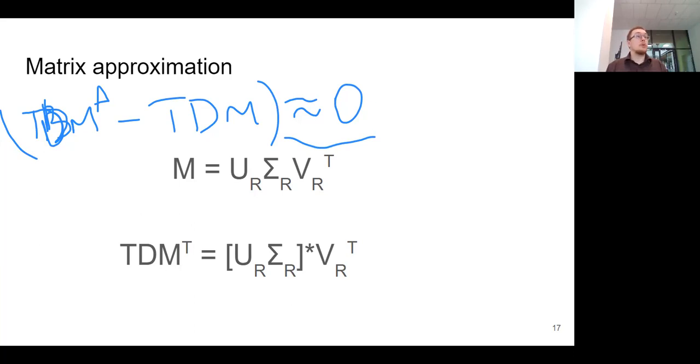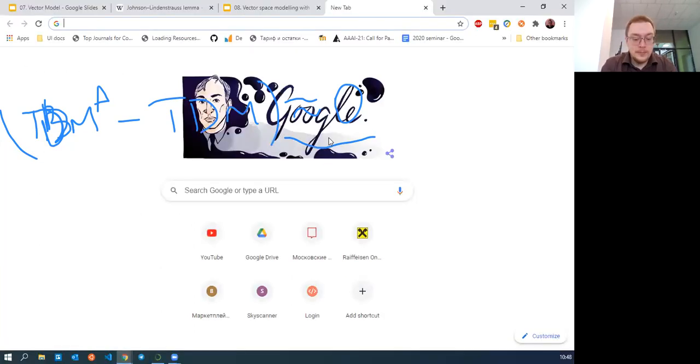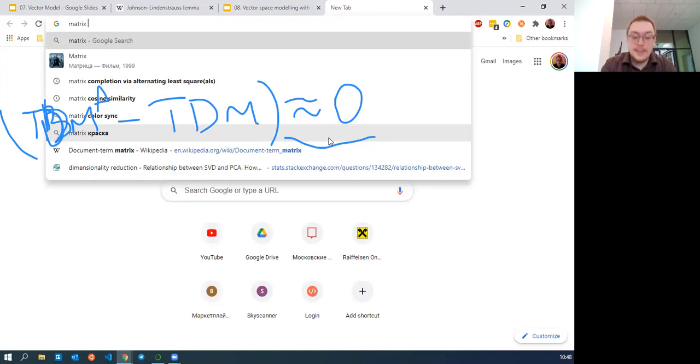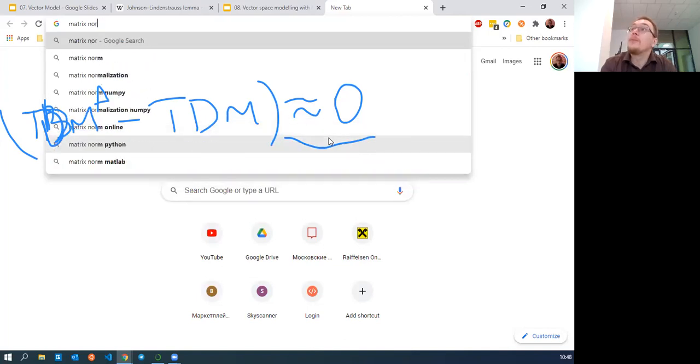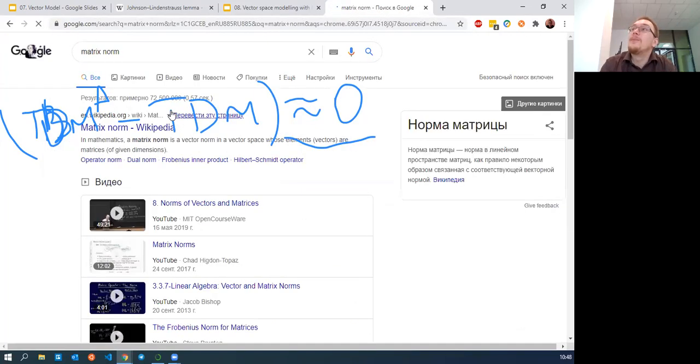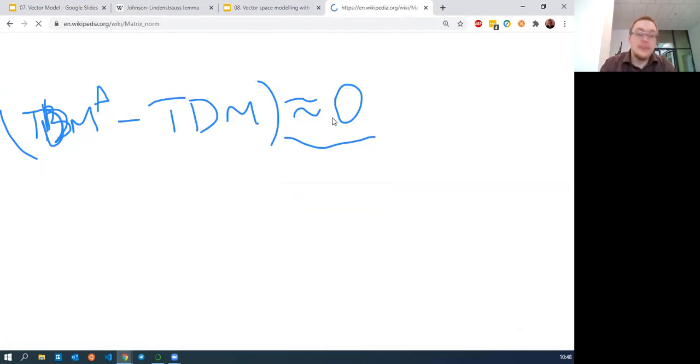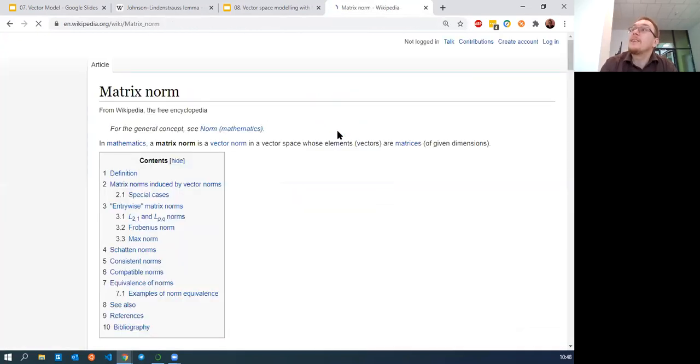Determinant is not a norm because it can be negative. But you're close. Guys. Matrix norm. Matrix norm. Okay.